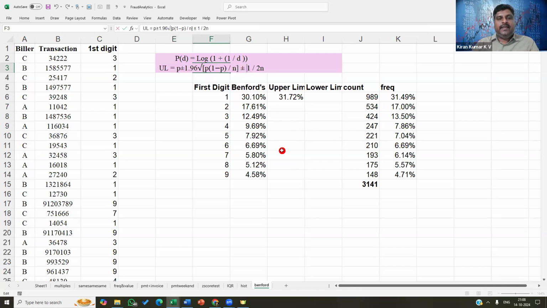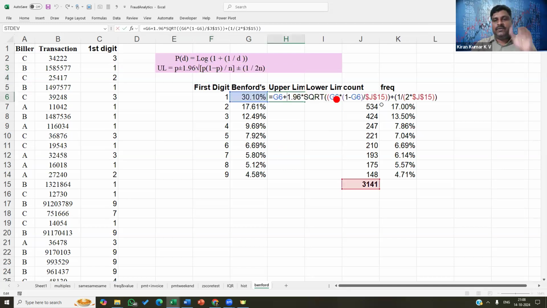Okay, let's plug this into the formula. I've done that already, but I'll write it one more time. Just watch this. Upper limit equals probability plus 1.96, which is the Z score value for a 95% confidence interval, multiplied by the square root of probability multiplied by 1 minus probability divided by n.